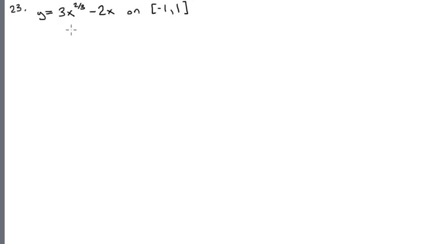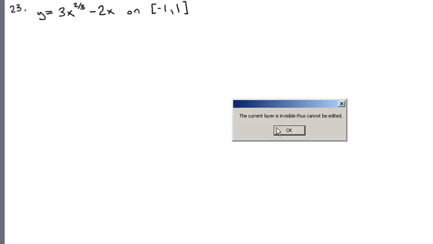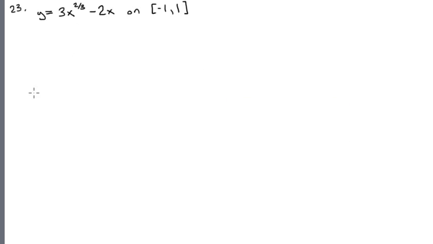The first part is to find a derivative and collect up all of the critical points, because our extrema can only occur either at the endpoints, so we have the endpoints, -1 and 1, or at critical points.